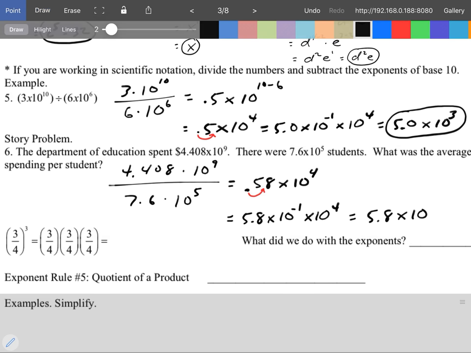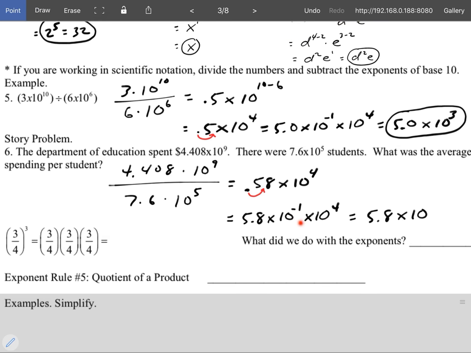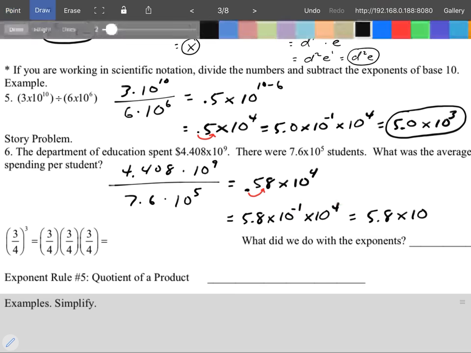So just like the last one, I'm going to end up with 5.8 times 10 to the, well, again, if I've got like bases and I'm multiplying the 10 to the power of negative 1 times 10 to the fourth, that means I have to add these powers. So that gives me 10 to the third power.